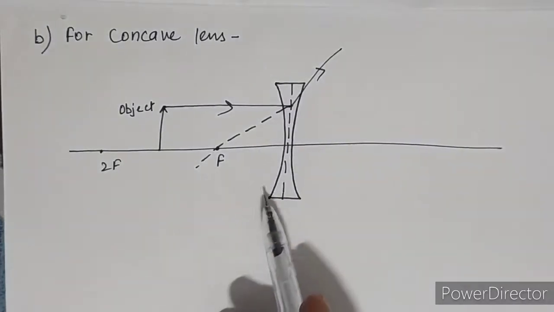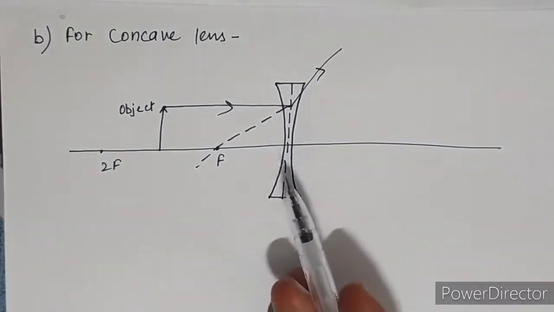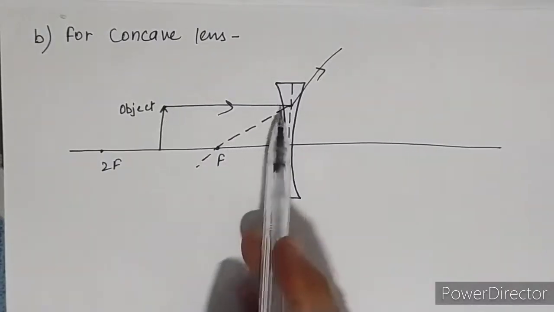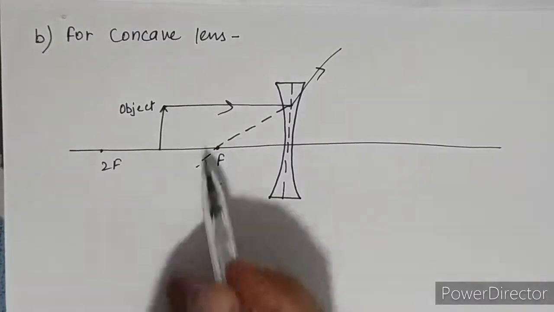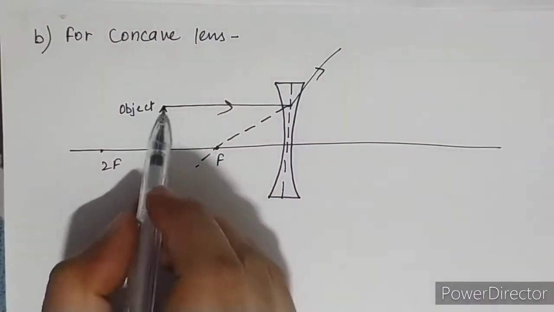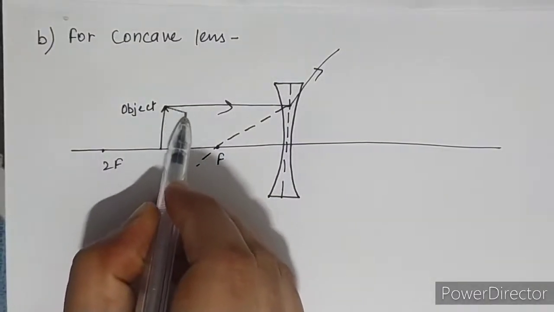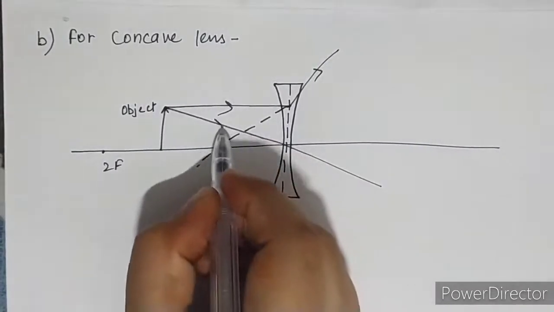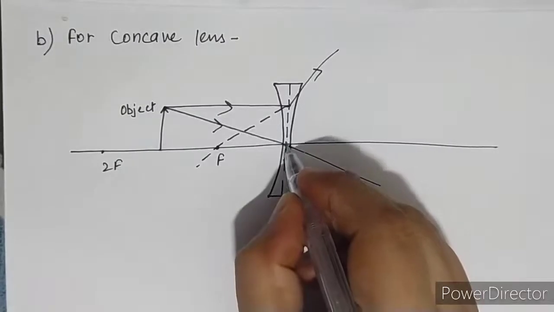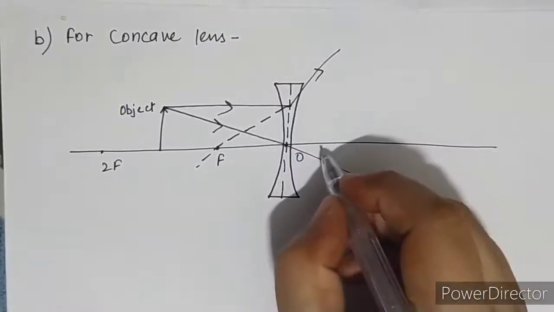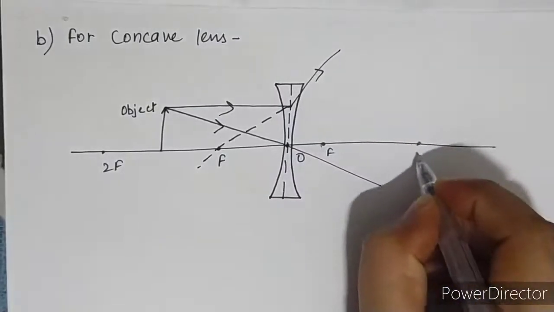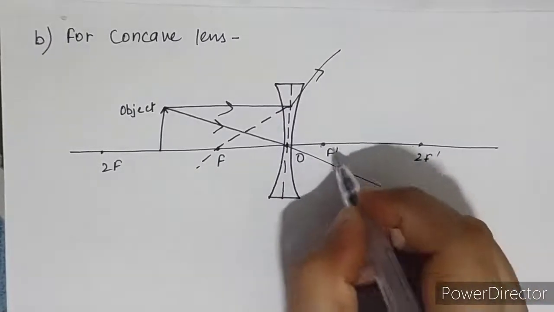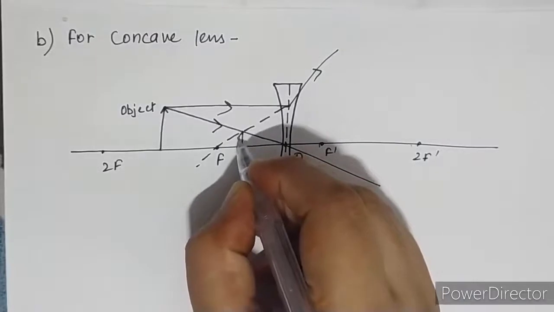So that will not be used in the concave lens. Here only two things are used. First, when parallel, then it passes through the focal length, and next is the ray moving through the optical center.